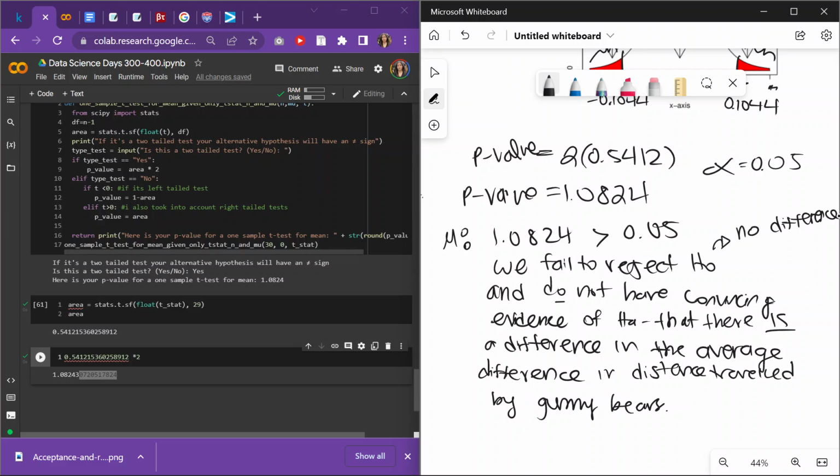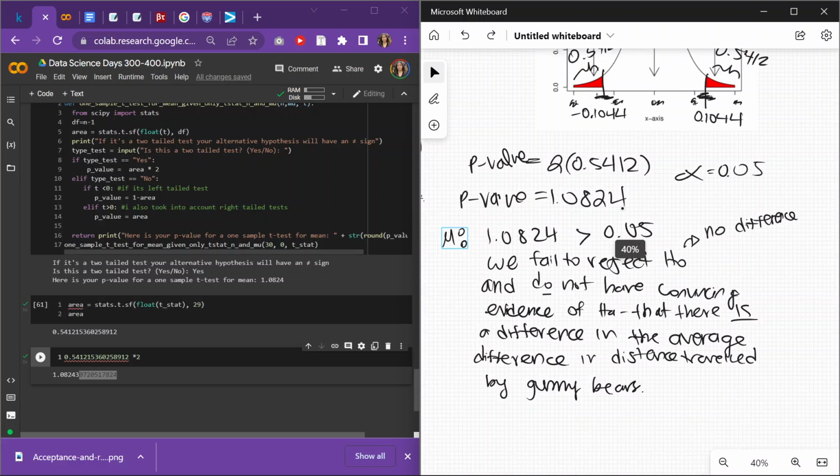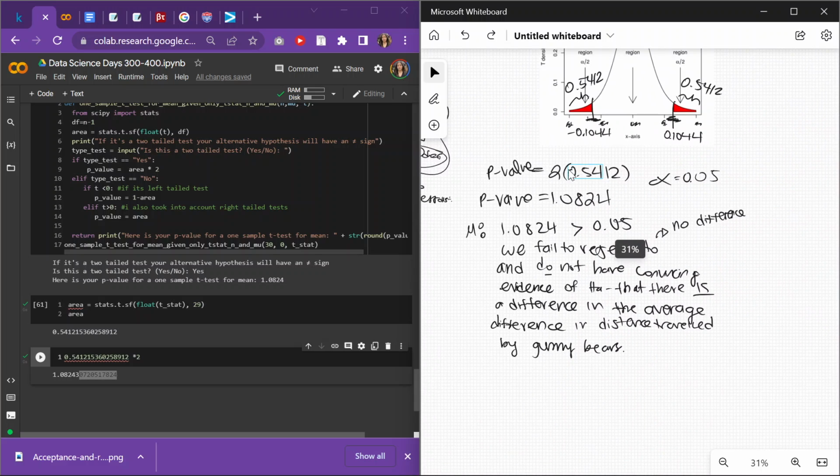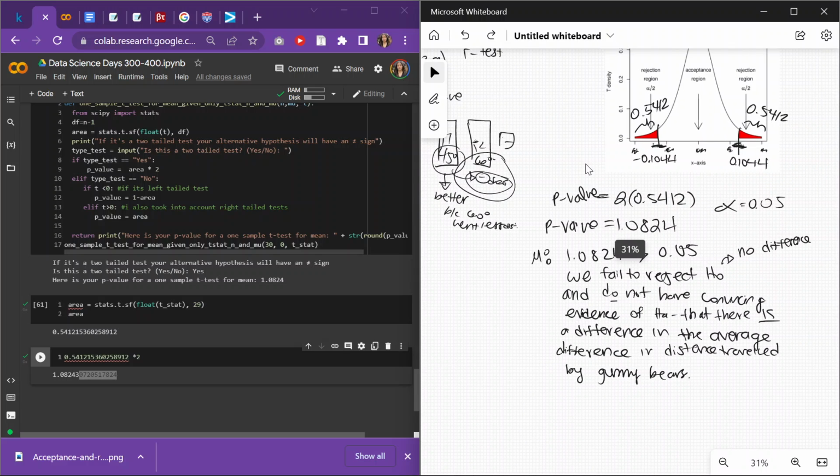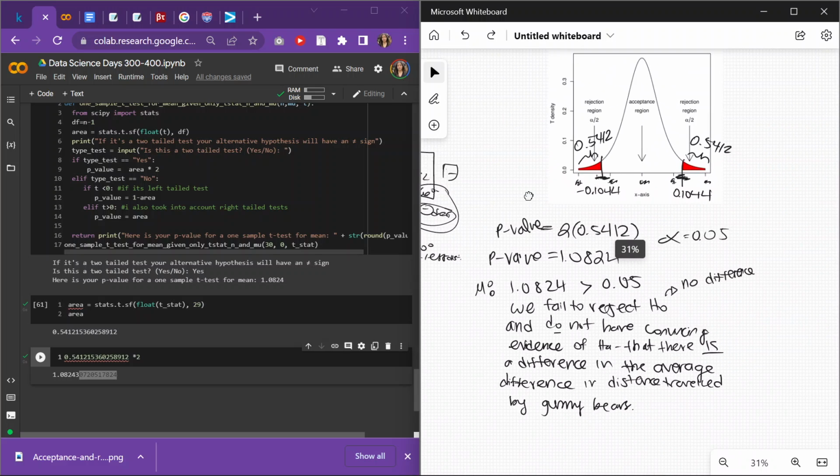So we use 2 times the probability of that test statistic occurring, and we compared it to the significance level. So it's obviously not statistically significant.